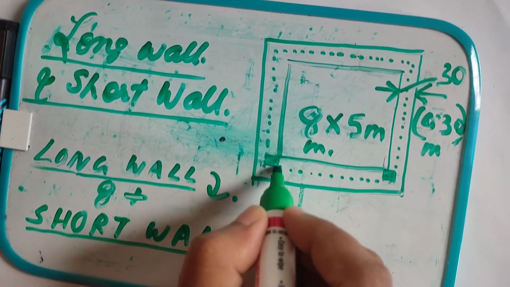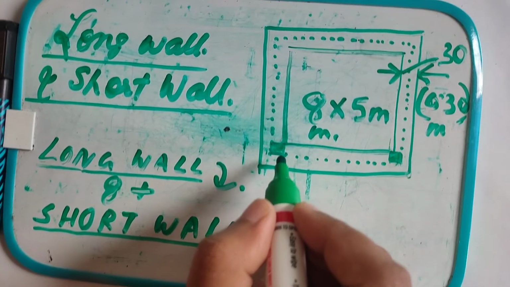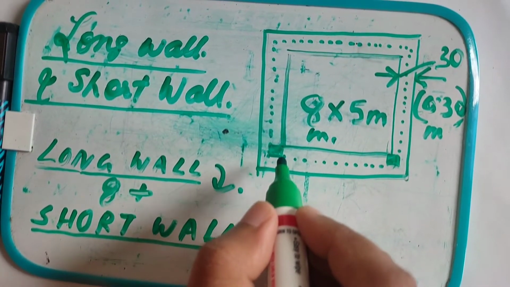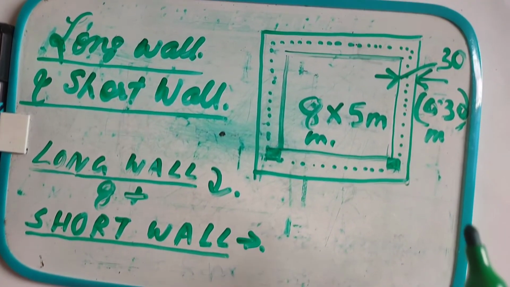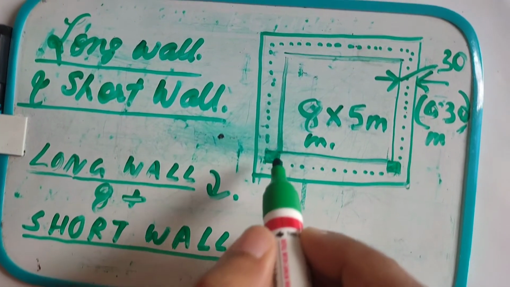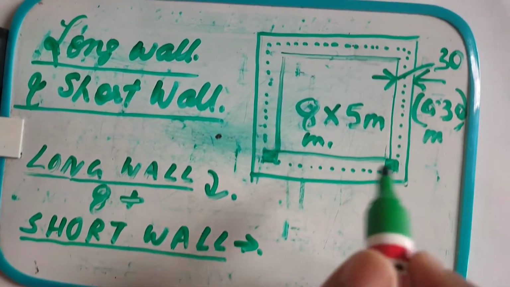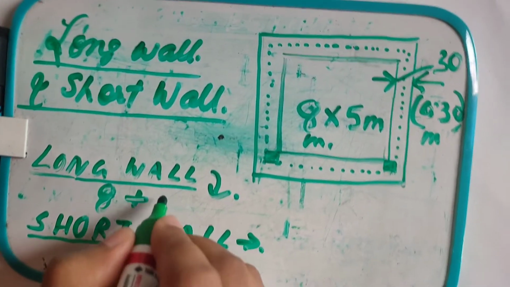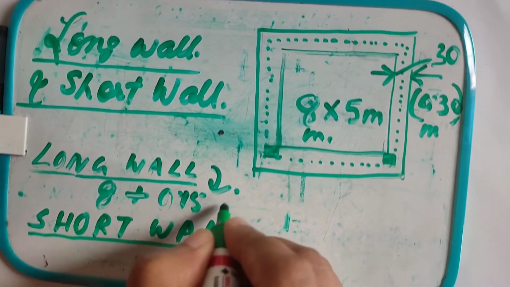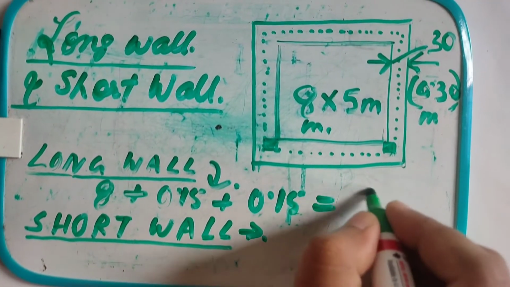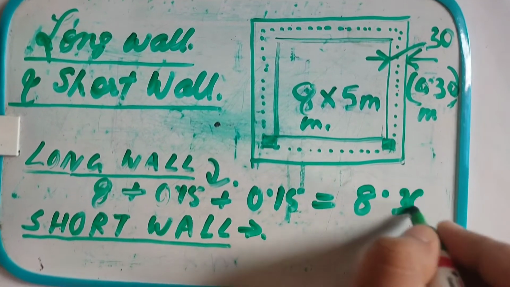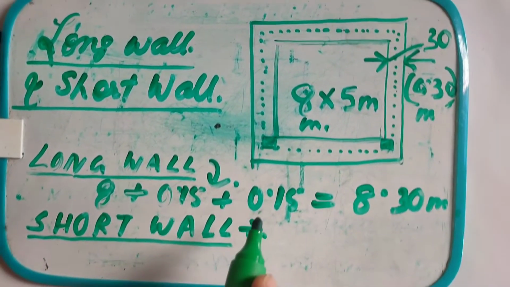If the thickness of this wall is 0.30, the thickness which we will consider for each side is 0.15 meter. 8 plus 0.15 plus 0.15 gives us 8.30 meter, which is the long wall.